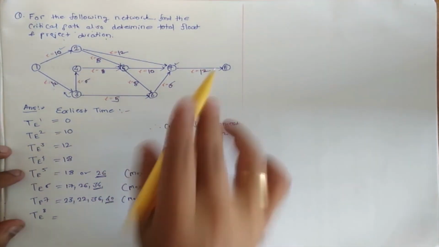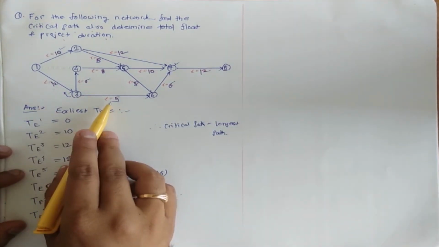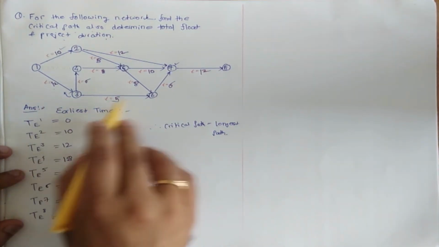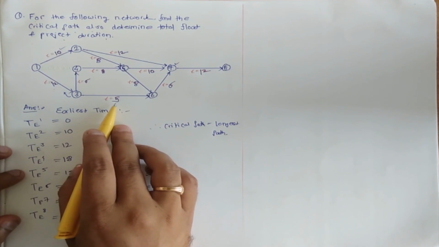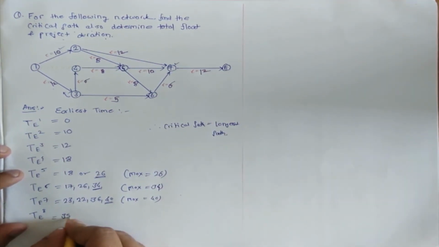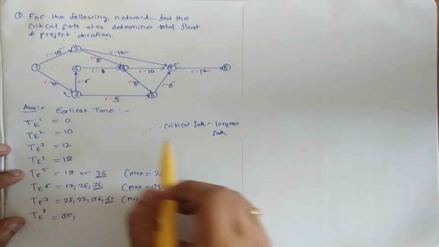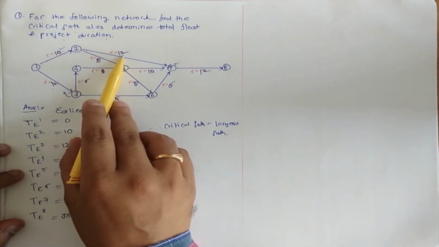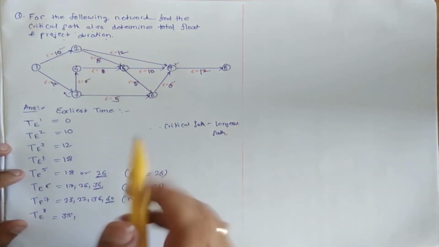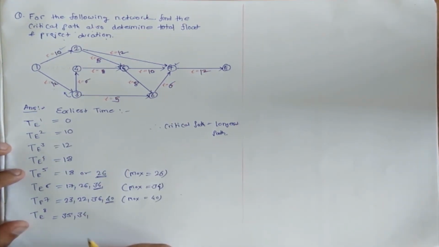Okay, so event 8. 12 plus 5 plus 6 plus 12. So 12 plus 5, 17, plus 6, 23, 23 plus 12, that is 35. Then again 10 plus 12, 22 plus 12, 34.